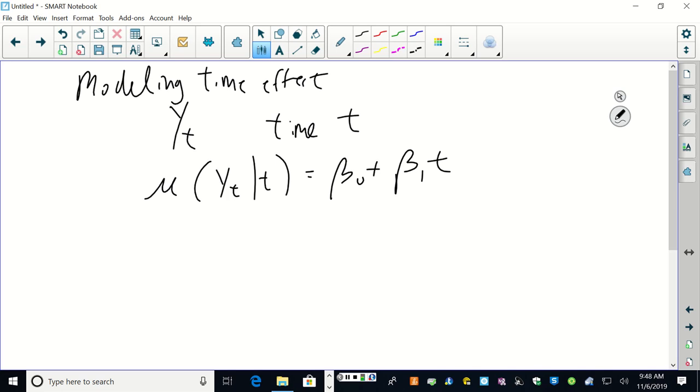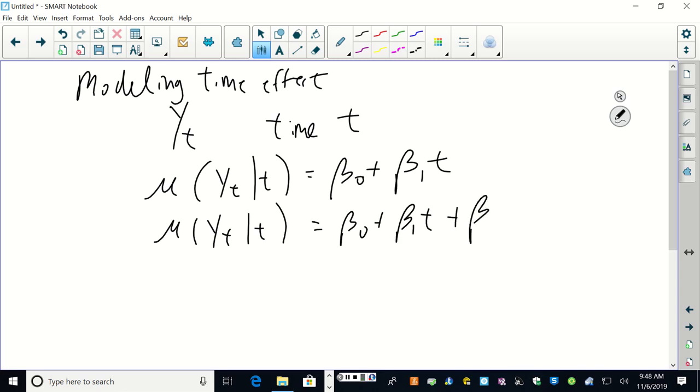Alternatively, you could have other functions of time. You could have time in there as a square, so if things were going up quadratically or leveling off or changing like that. And so we could fit a model that has some time effect or other variations on this with least squares.